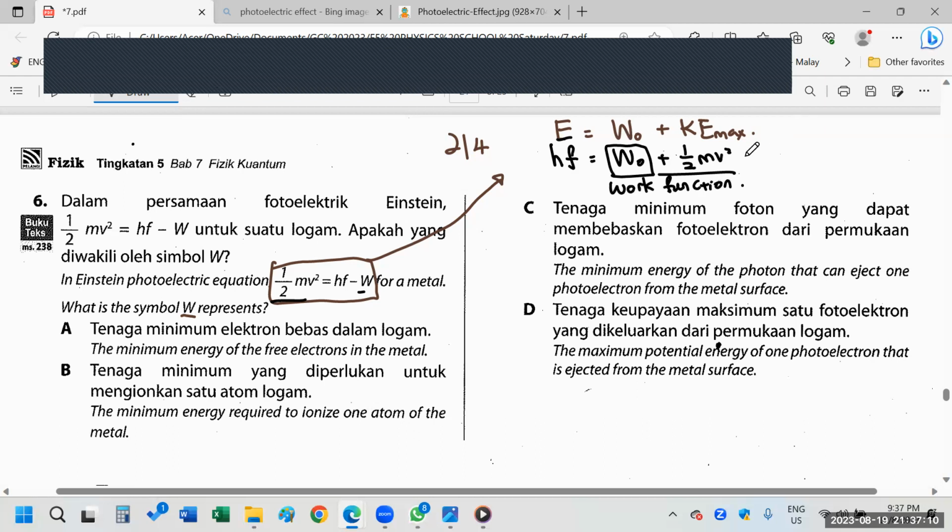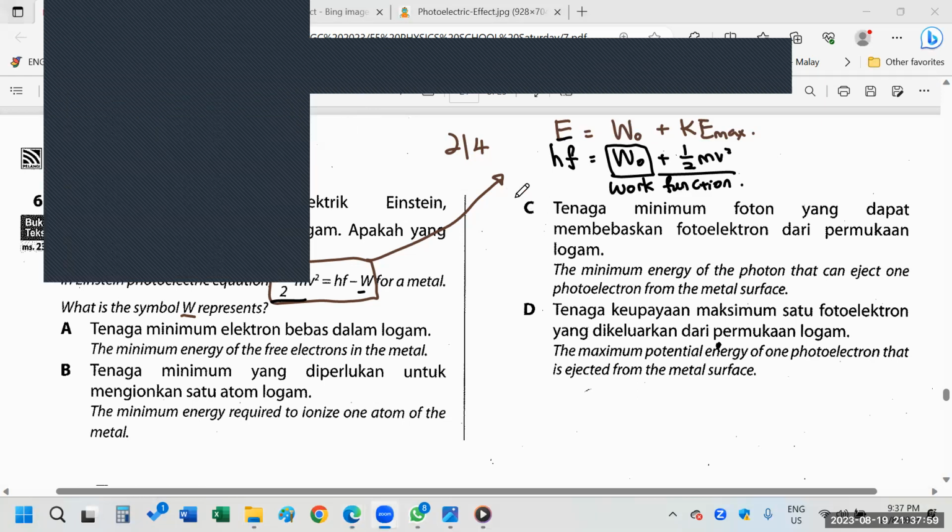So what is a work function? A, B, C, D. Let's try and type the answer for me. Thank you, Yu Guang.